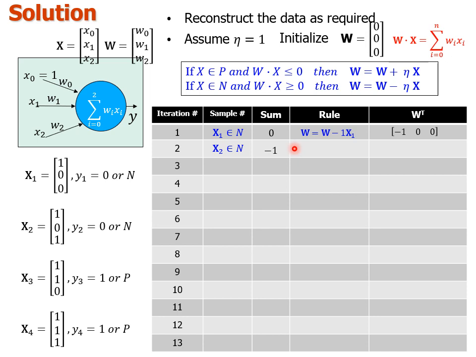There is no mismatch, and hence we are not going to update the weight vector, and so the weight vector remains the same, that is minus 1 0 0.